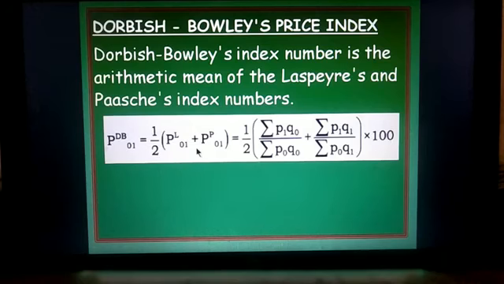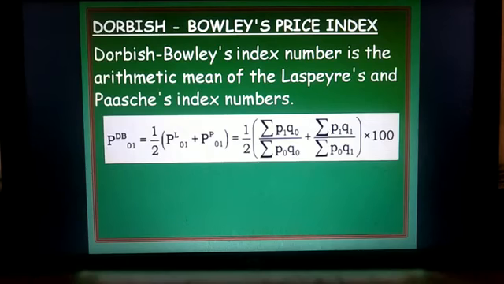Then the Laspeyres price index number we know already: sum of P1 by sum of P0 with Q0 as the weight, plus sum of P1 divided by sum of P0 Q1 with Q1 as the weight, as Laspeyres' and Paasche's respectively, multiplied by 100 as it is in terms of index numbers.